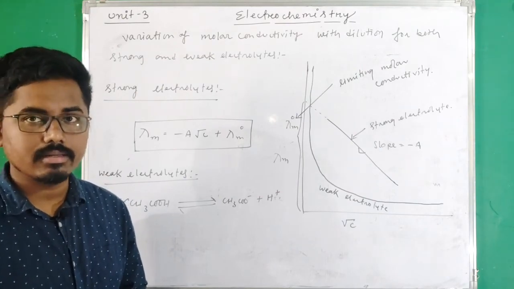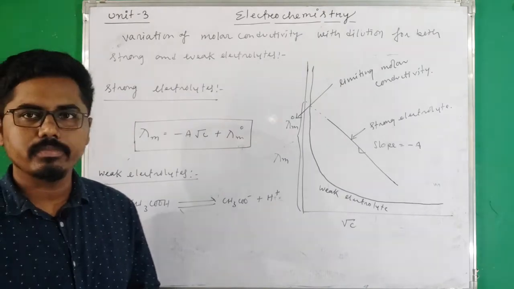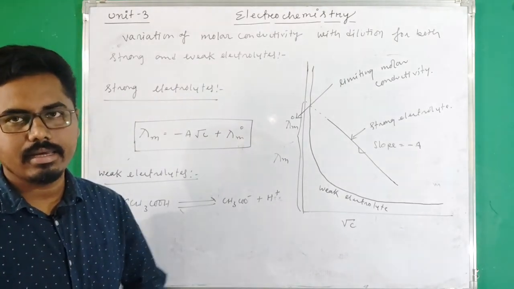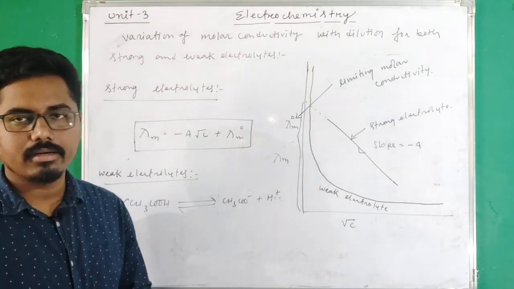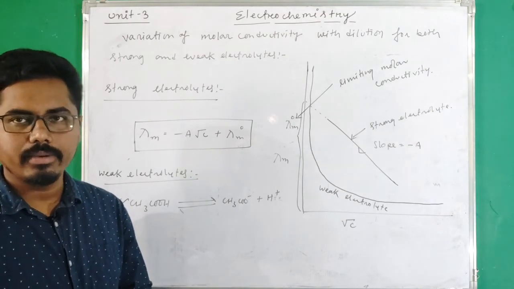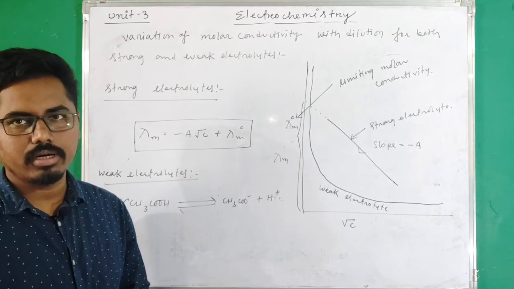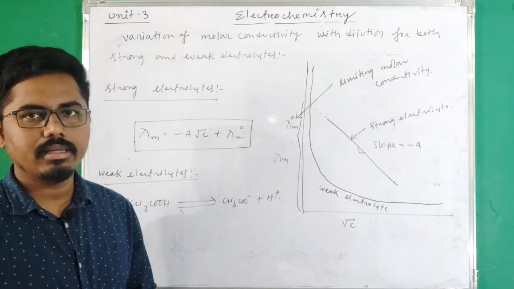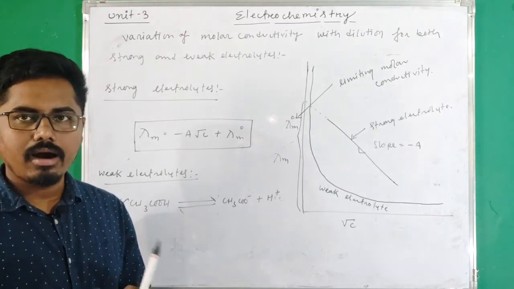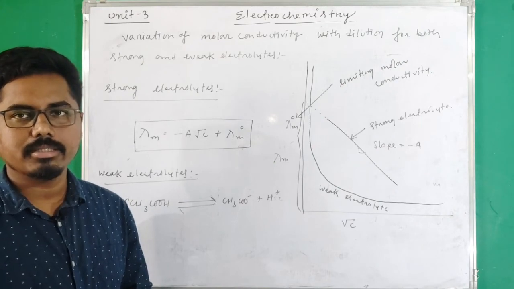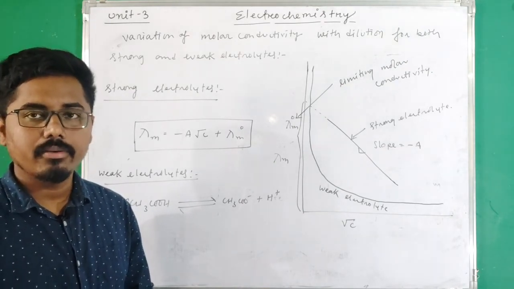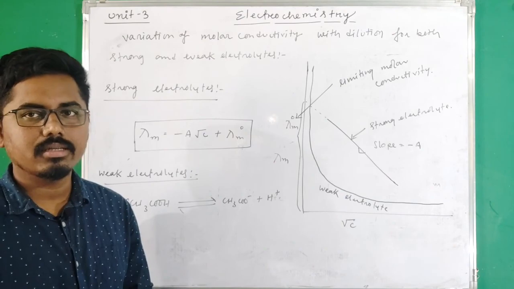In today's class we have learned what is conductance, and then conductivity or specific conductivity. After that we learned molar conductivity and the relationship between molar conductivity and specific conductivity. Then we learned how both molar conductivity and specific conductivity vary with dilution, or with a decrease in concentration.